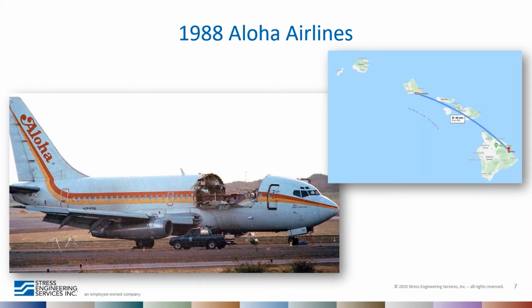Fortunately, the pilot was able to land the plane safely, but again, it was not a pleasant experience at all. And when they looked closer at the damage, they realized that there were fatigue cracks that had formed in the skin of the aircraft as a result of pressure cycles that the aircraft sees with multiple takeoffs and landings.